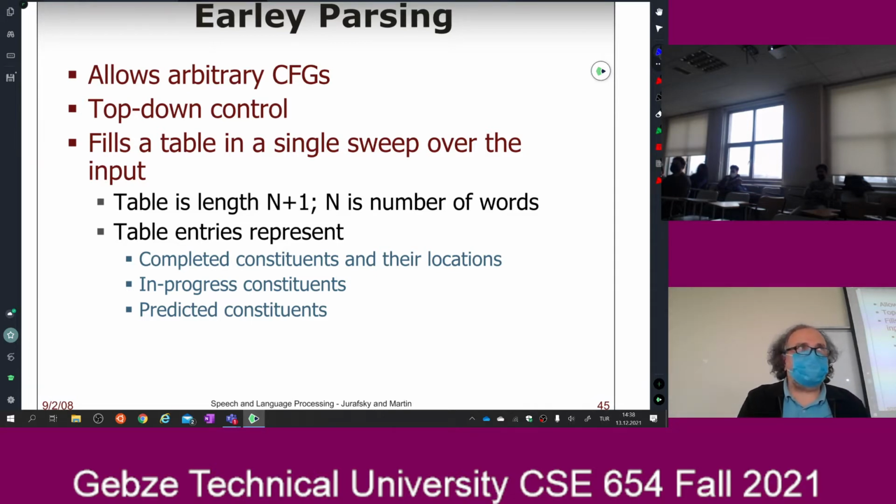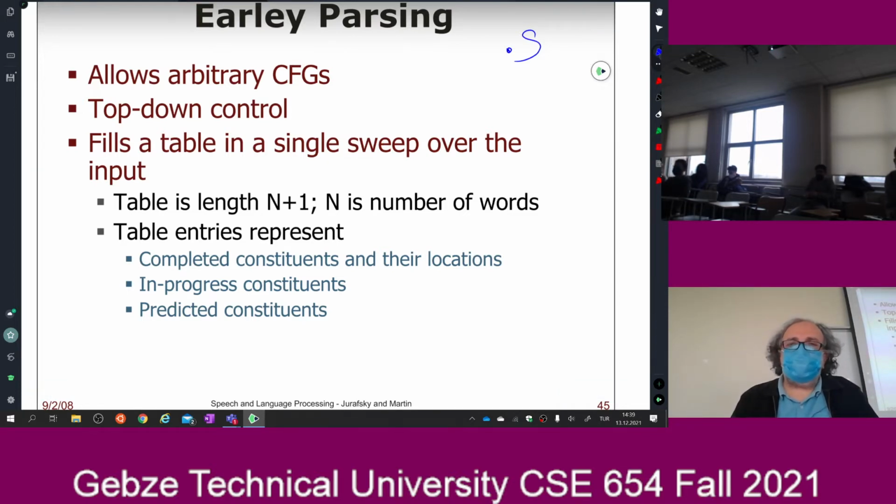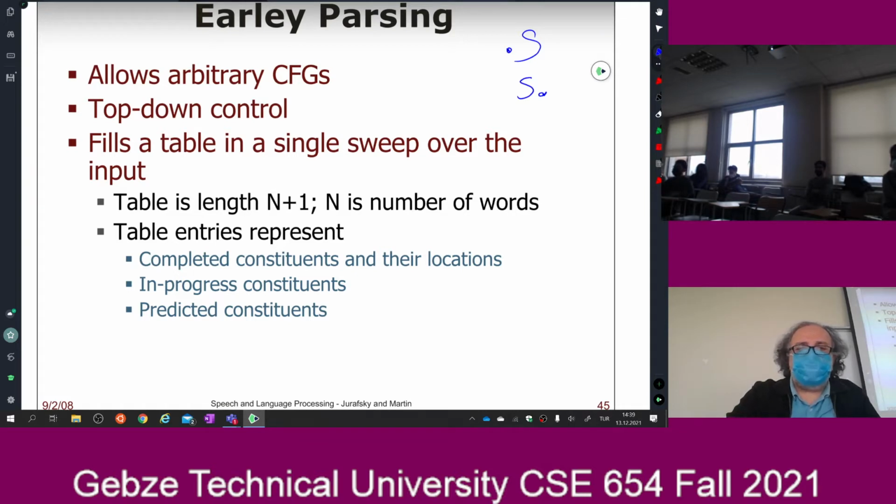I am still observing those, and some of the constituents I am predicting. For example, at the beginning of the parsing, I am predicting an S, and this is shown this way. At the end of the parsing, if I have a symbol like this, I have observed a constituent S at the end of the table, then my parsing is complete.